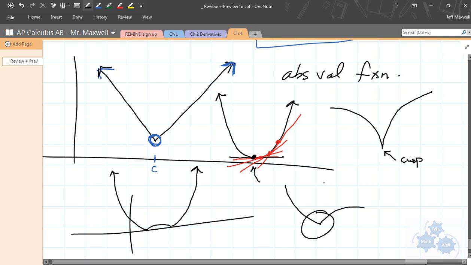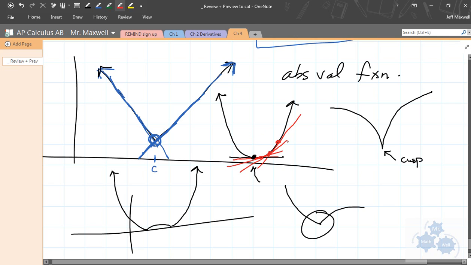Anyways, this is called a cusp. And technically, the derivative does not exist there. Why? Really quickly, what are the derivatives leading up to this point? From the right, the derivative would be the slope of this line, exactly the same as we get infinitely close to C. And then, boom, as we pass over C, it changes to this slope.